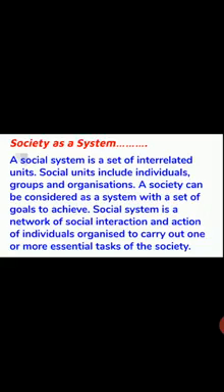The different social units are the economic systems, political systems, educational systems, transport systems, etc., which work in an interrelated or interdependent manner towards achieving the goal of the society.